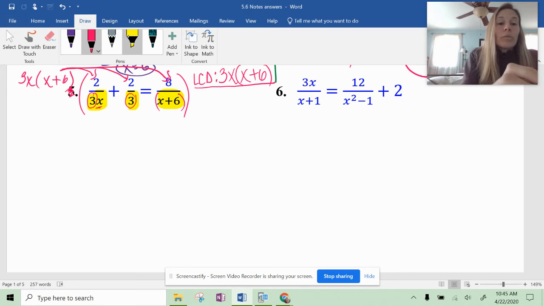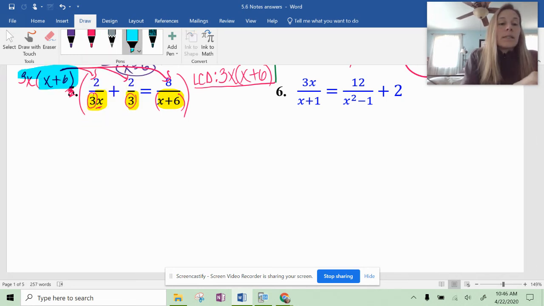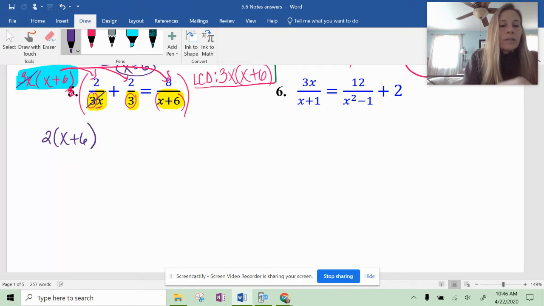So when you're multiplying this LCD term by each of these fractions, you want to cancel out whatever can be canceled. So you see how there's like a 3x on the top here, because that's getting multiplied to the numerator, but there's also a 3x on the bottom. So that's going to leave you with a 2 times x plus 6.